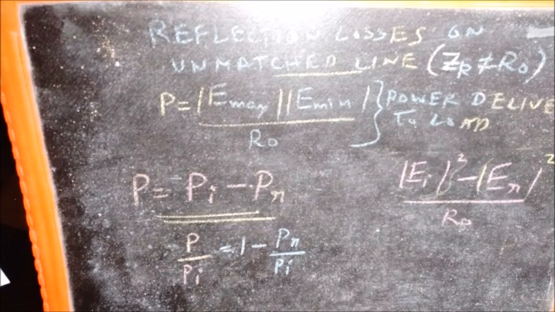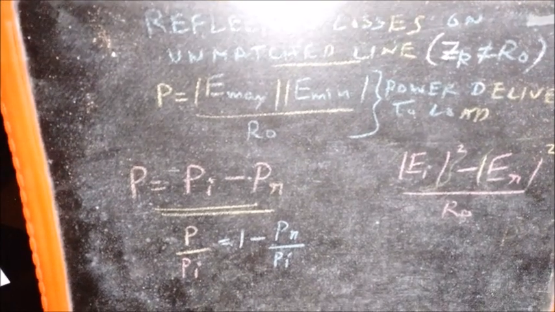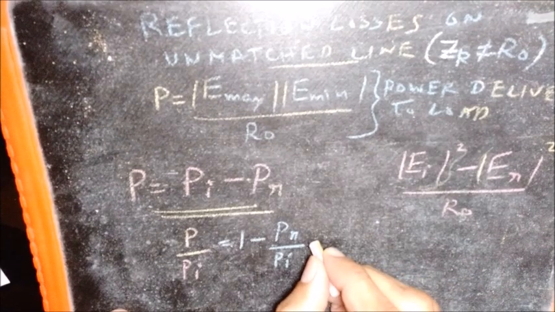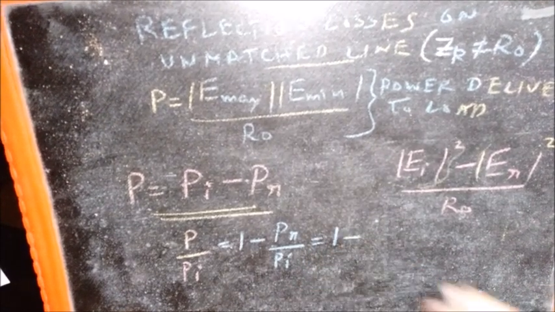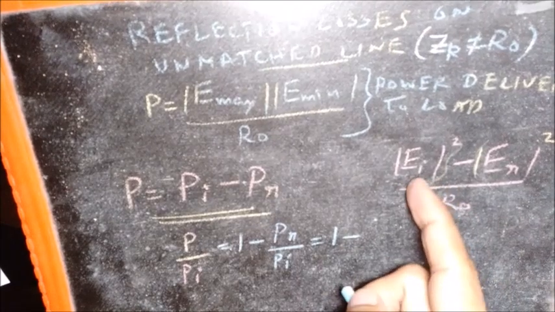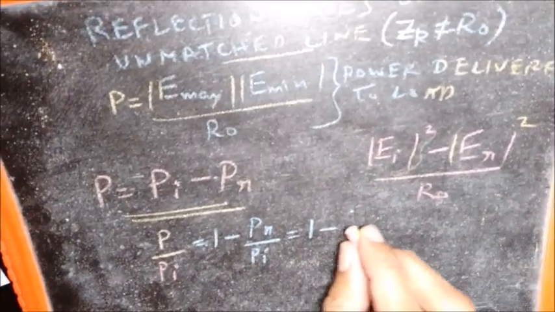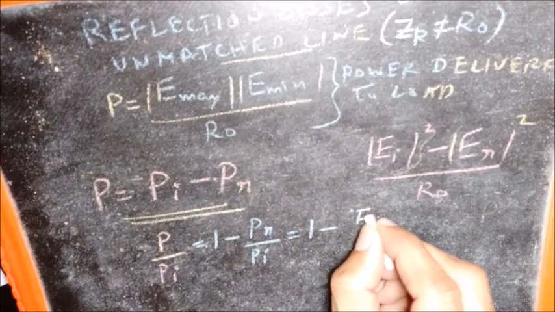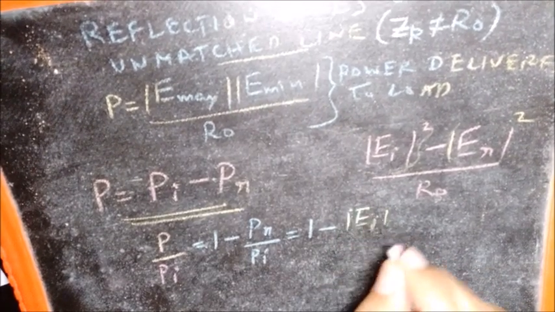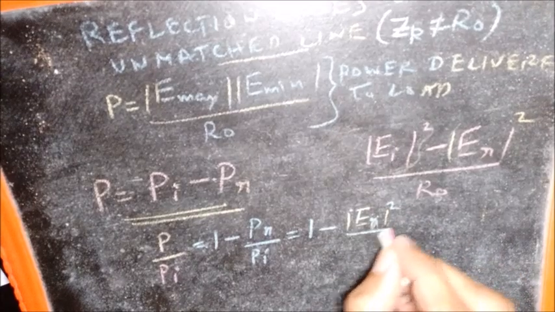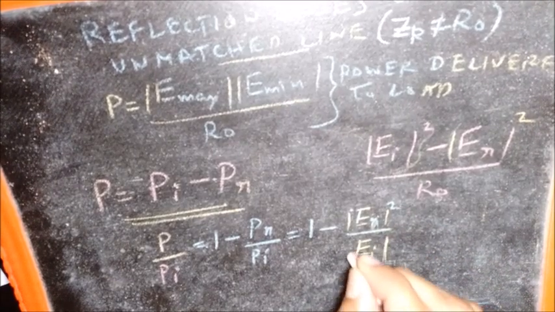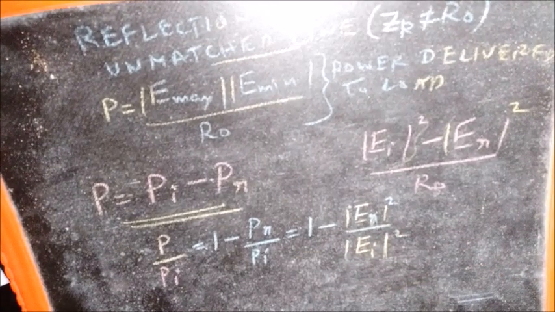If 100% of the incident power has to be delivered to the load, PR has to be 0. Also, since this is Pi and this is PR, we can write this as 1 minus ER magnitude square by EI magnitude square. We can write it like this.